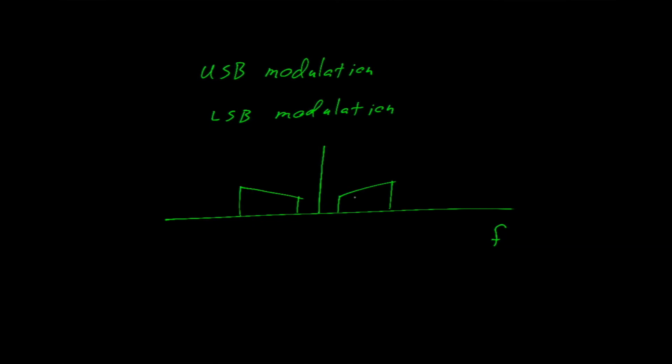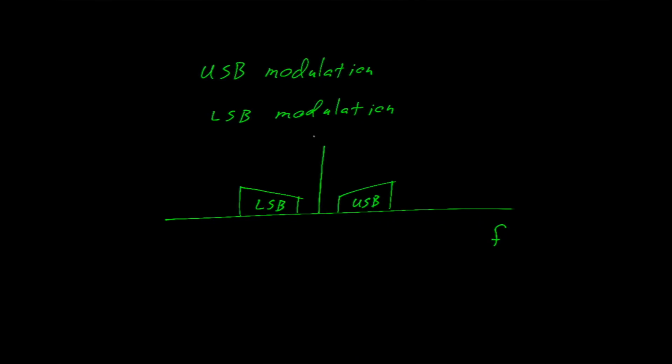We've described this as the upper sideband, and we've described this as the lower sideband. They are mirror images of each other. They both contain the same information, which implies that we don't need to transmit both of them.